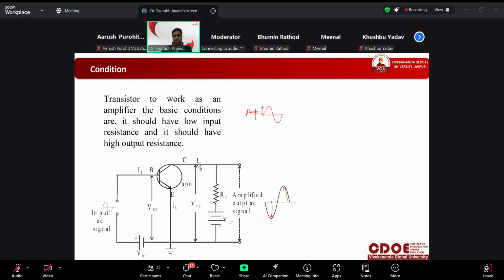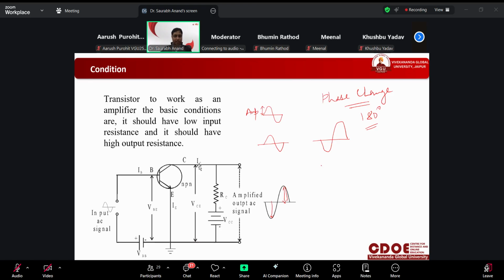It is the same in positive as well as negative, but increased. That increment is known as amplification. But what is this? Here it starts like this, and we are getting it like this. This is known as phase change. Phase is changed. How much? It is 180 degrees.